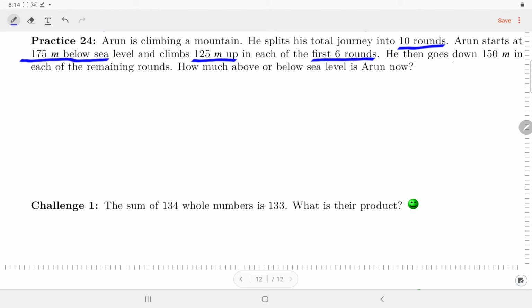He then goes down 150 meters in each of the remaining rounds. How much above or below sea level is Arun now? Write a number sentence and find out how much above or below sea level Arun is now.